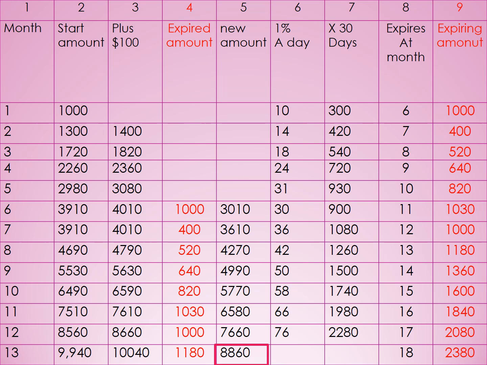You now have a total of $2,200 invested out of pocket. Your original $1,000, and then for 12 months you've put in $100 a month. So you now have a total of $2,200 invested. You are being paid on $8,860.